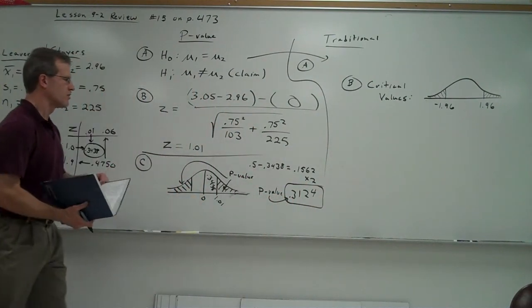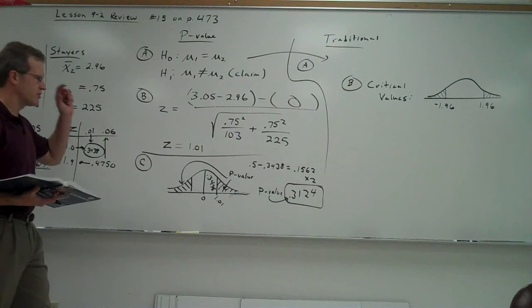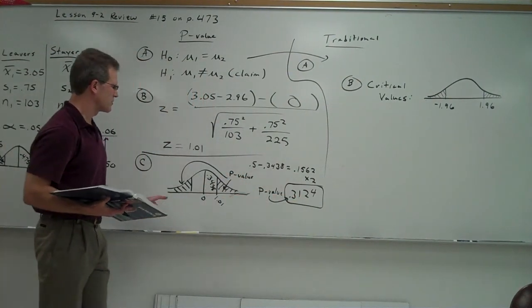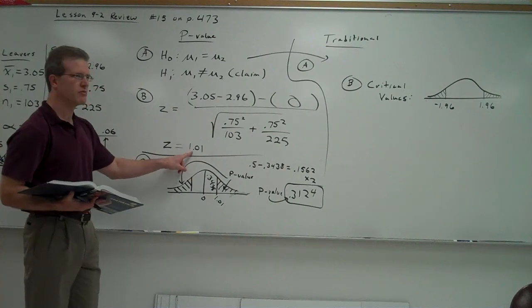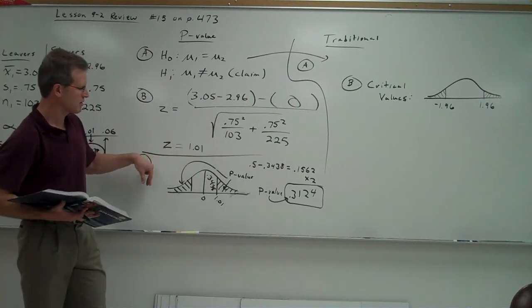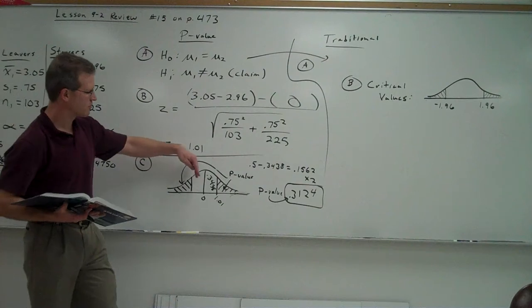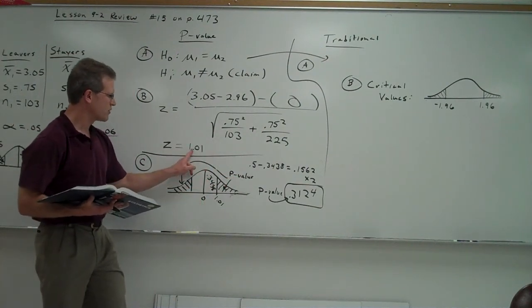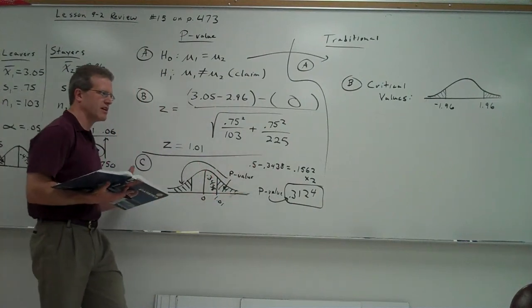Okay. What that means is that if the null is true, there's about a 31% chance that we will still get a z-score of 1.01 or a more extreme value. In other words, a 31.24% chance we'll get a test value of 1.01 or one that's further out in the tail.